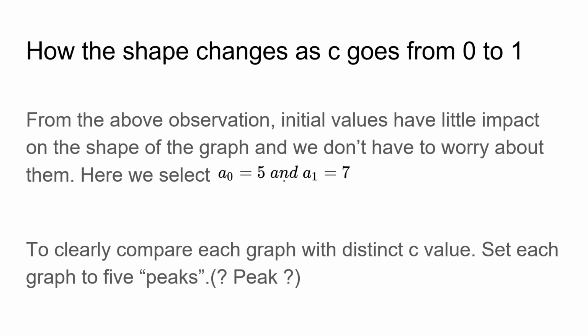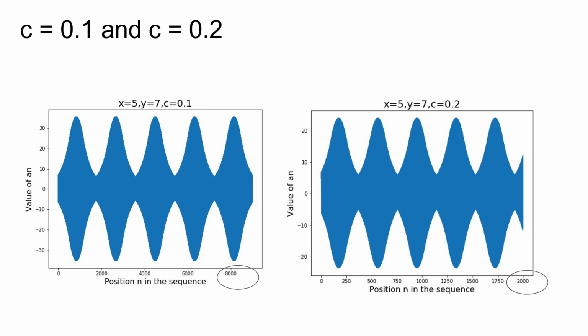To clearly compare each graph with a distinct C value, we choose to set each graph to 5 peaks. In the first picture, there are 5 peaks in total. This is the first peak, this is the second one, and so on. Also, to better compare each graph, we need to pay attention to another value in the bottom right corner, that is the ultimate position n.